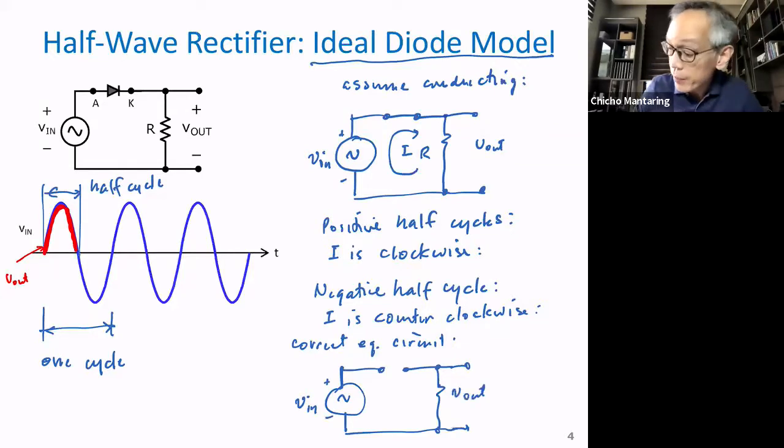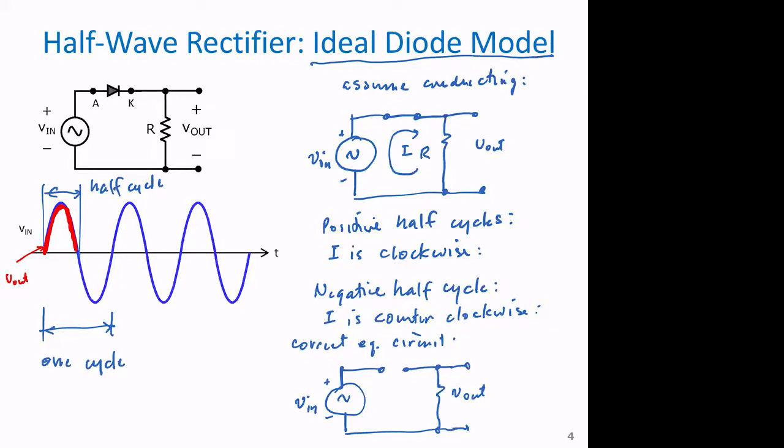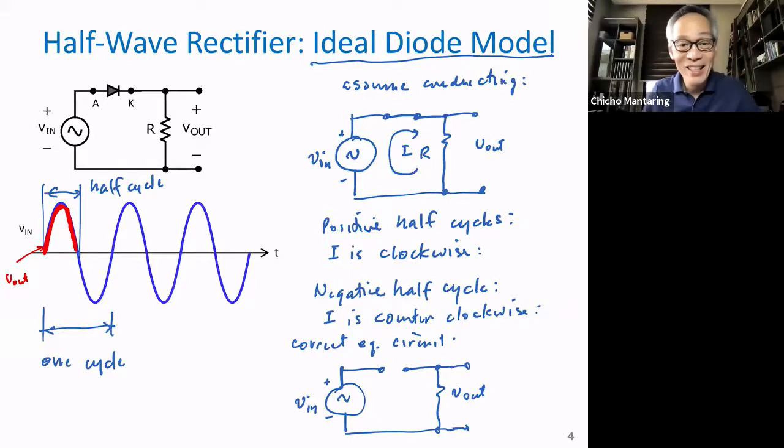So in this case, what is the value of V out? What is the value of V out in this case? Can I hear a shout out? Anyone? 0. Correct, 0. Why 0? Because you have no current. The current is 0. If the current is 0, that means the voltage drop across your resistor will be 0.